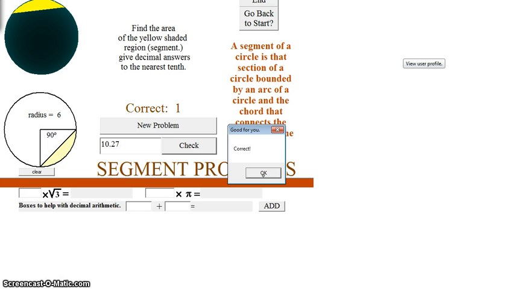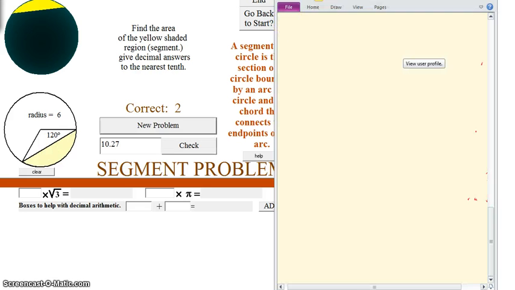That's interesting. I can't really explain that. It shouldn't have. It said nearest tenth. So I got about 40 seconds left. I don't know if I have time for a new problem, but this looks like a good one, so I'm going to try.